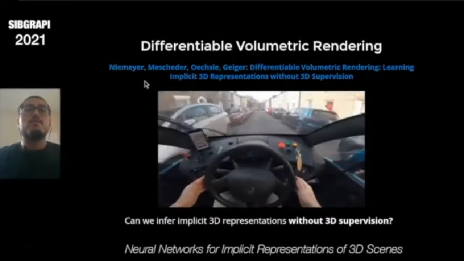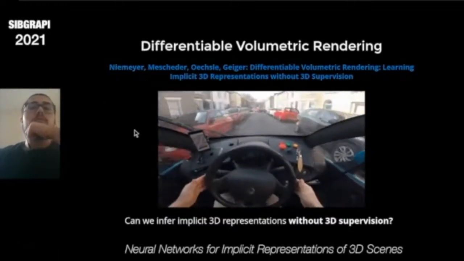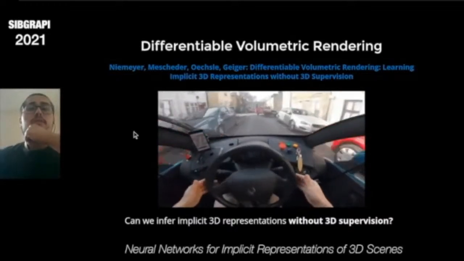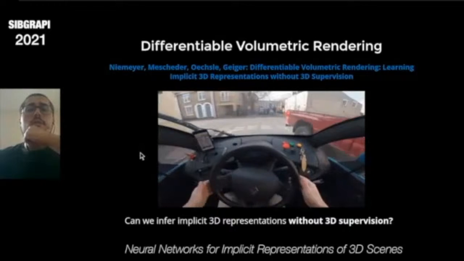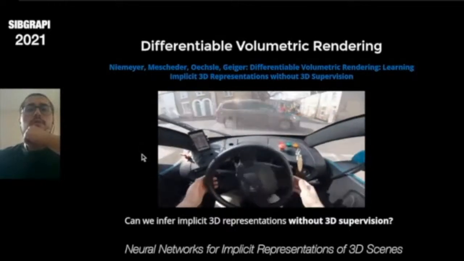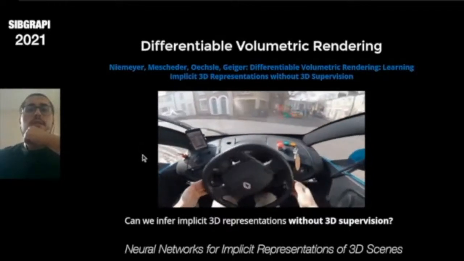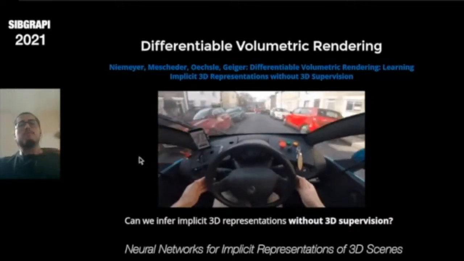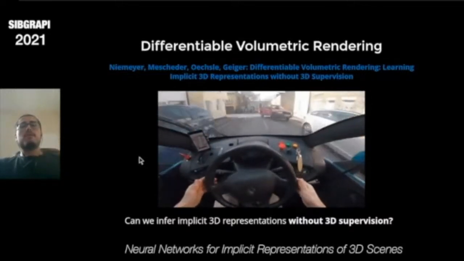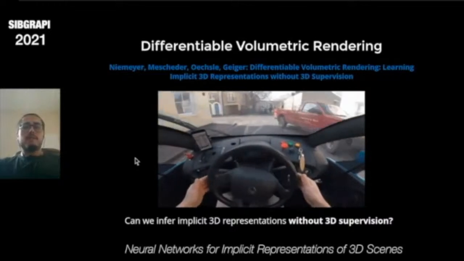They were the same. They also worked with the occupancy networks that we have discussed, and they are interested in the problem of self-driving cars and the idea of the AI driving a car, and then they see a 2D scene, right?